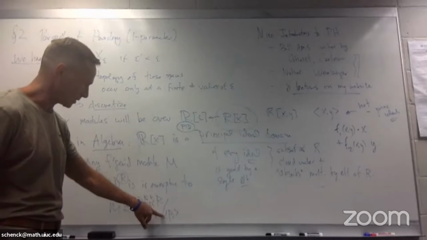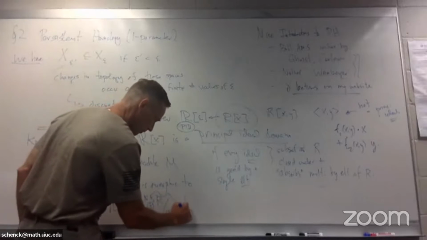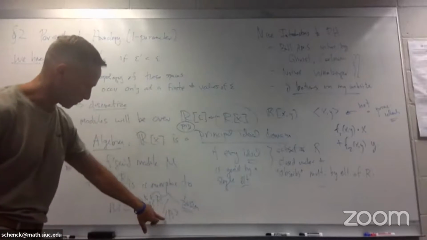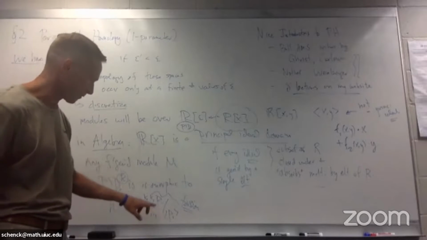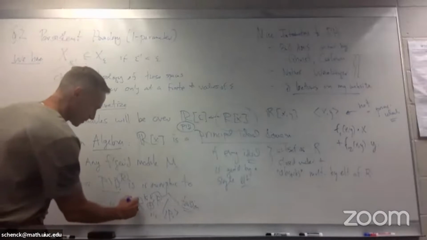That's because every ideal is principal. This is usually called the torsion component, because p_i is a torsion element: p kills the one in here. And this is the free part.